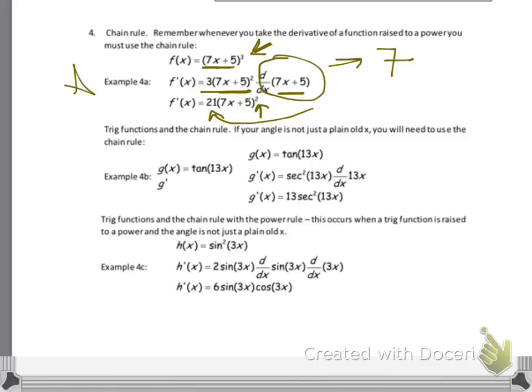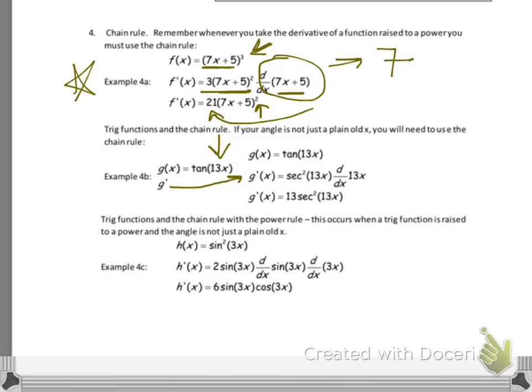So here's an example without any trig. Then we have the trig function. So when we do our trig function, we do the following. We take note of whether I have a power or not of my trig function. There is no power in example 4b. Then I look over here at my angle. If my angle is not just a plain old x, I have to do the chain rule.